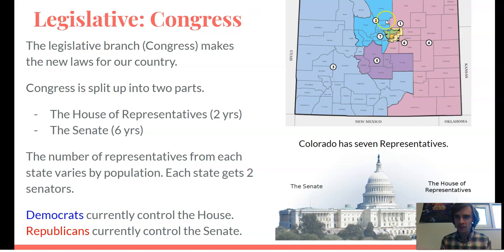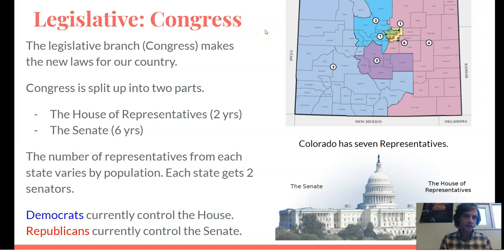So each of these districts has almost exactly the same amount of people living in them. That is why the 1st, 6th, and 7th districts are so small, because the people who live there are so packed in. And the 4th and the 3rd are so big because it's much more rural farmland with lots of mountains, and so people are more spread out. So it's based on equal population, not equal geographic territory.